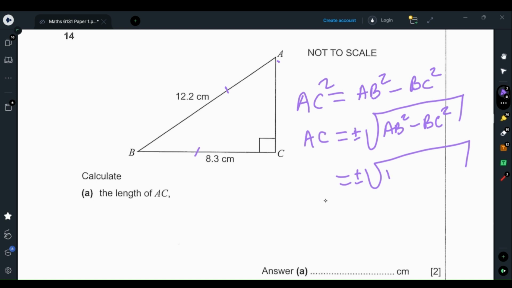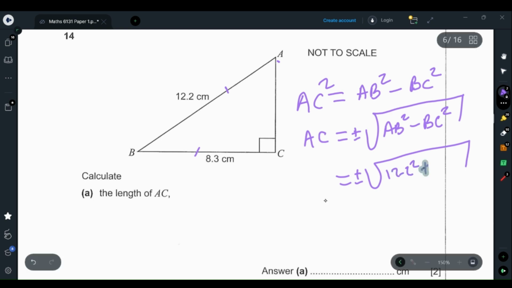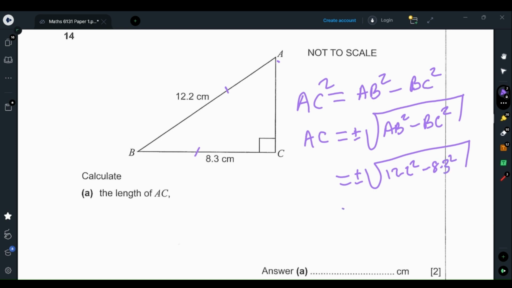Therefore, AC is equal to plus minus the square root of AB squared minus BC squared. This gets to 12.2 squared minus 8.3 squared. That gives us a final answer of 8.94 centimeters.